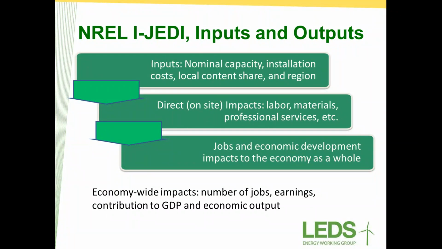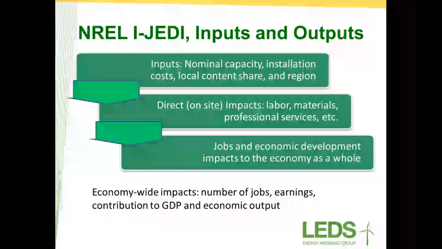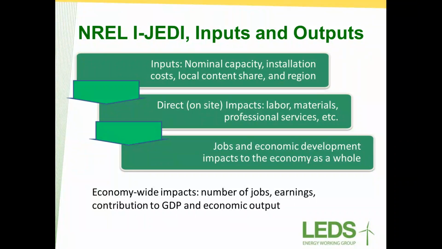Installation cost, sorry, local content share. This means how much of the goods and services needed to build a power generation plant are sourced from the local region, the region of analysis, and of course, what is the region of analysis? Those are the basic inputs of the model.